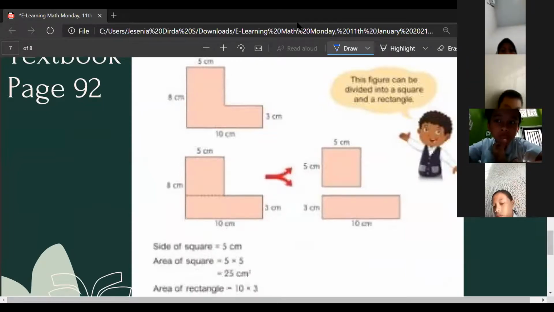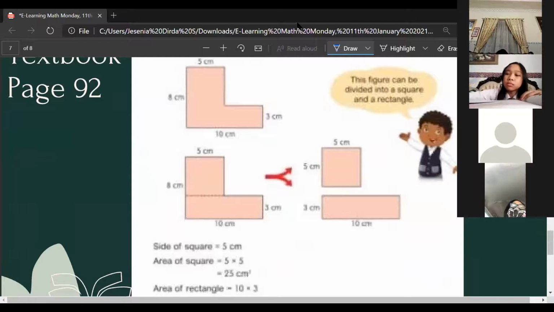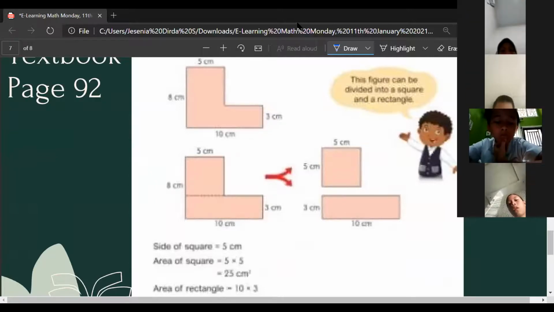Alexandra, Brian, Indy, Tifran, okay. So from this picture, we know this is the composite figures, right? Because this picture, we cannot say like triangle, because ini nggak triangle kan. But we know that this shape, we can separate them into basic figures.